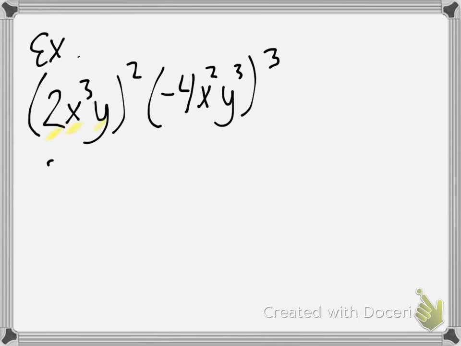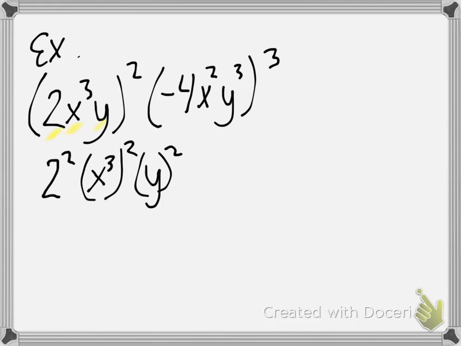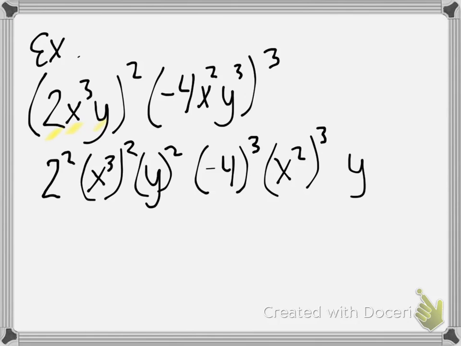So I'm going to write it all out. 2 squared, x cubed squared, y squared, negative 4 cubed, x squared cubed, and y cubed cubed. You wouldn't have to write it all out like this. You could take your shortcuts. I just don't want to skip steps in the notes in case you're confused.